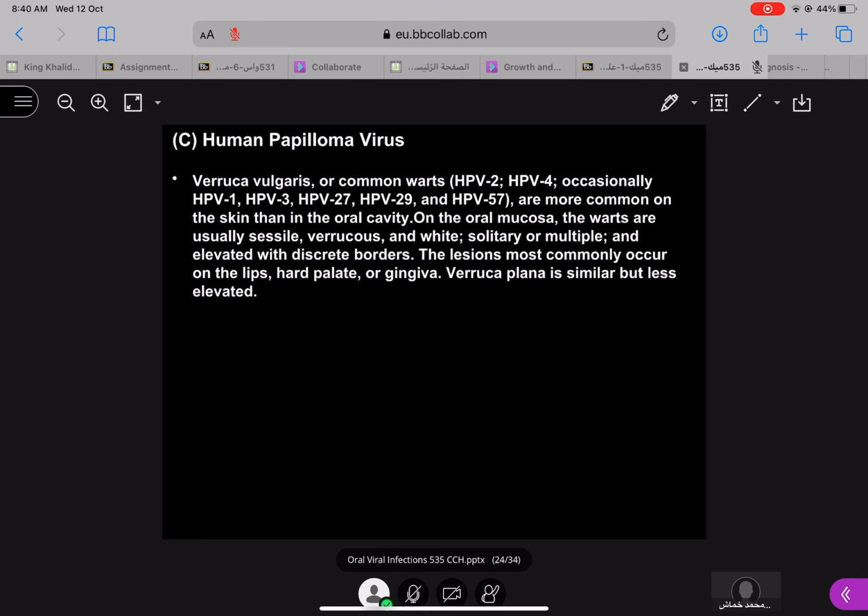The lesion most commonly occurs on lips, hard palate, and gingiva. Sorry, gingiva. Verruca plana is similar but less elevated.